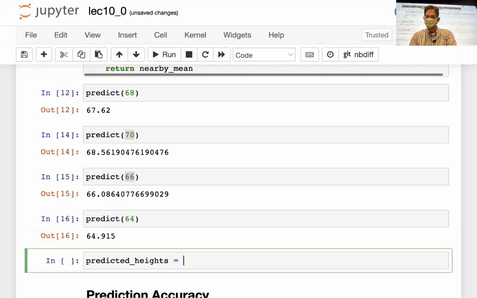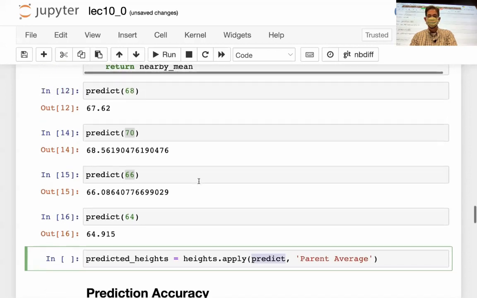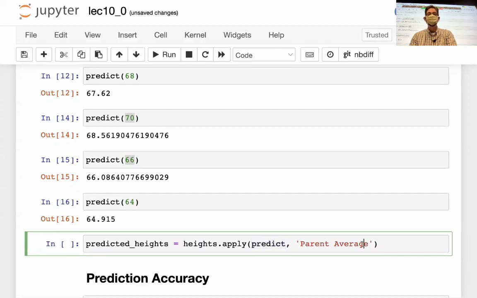predicted heights equals heights dot apply predict to the parent average. What this says is, please take my predict function, and instead of just trying it on 64, 66, 70, and 68, try it on every parent average in the entire data set.